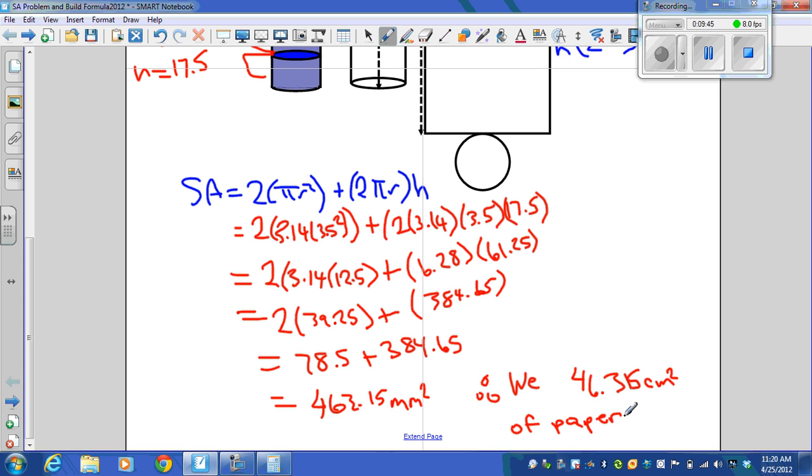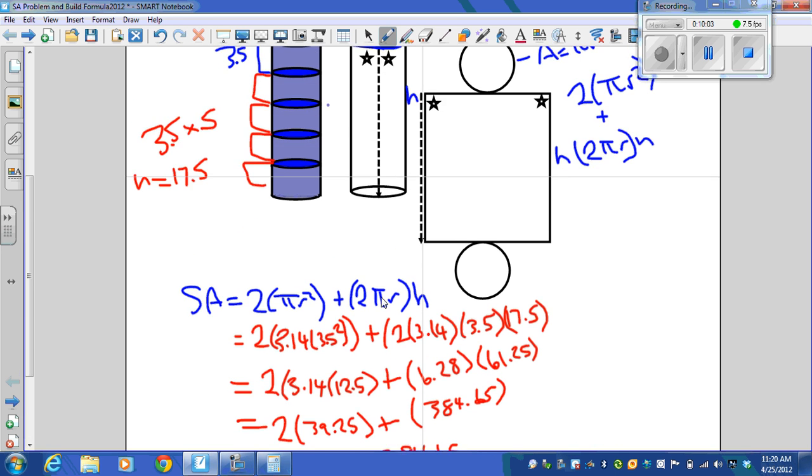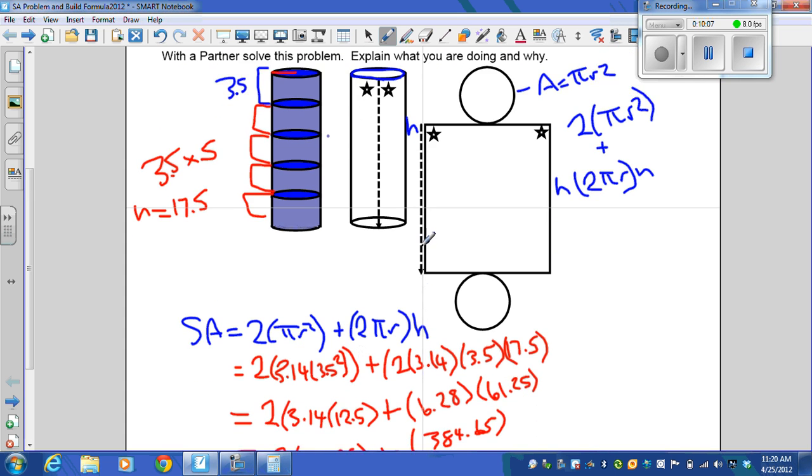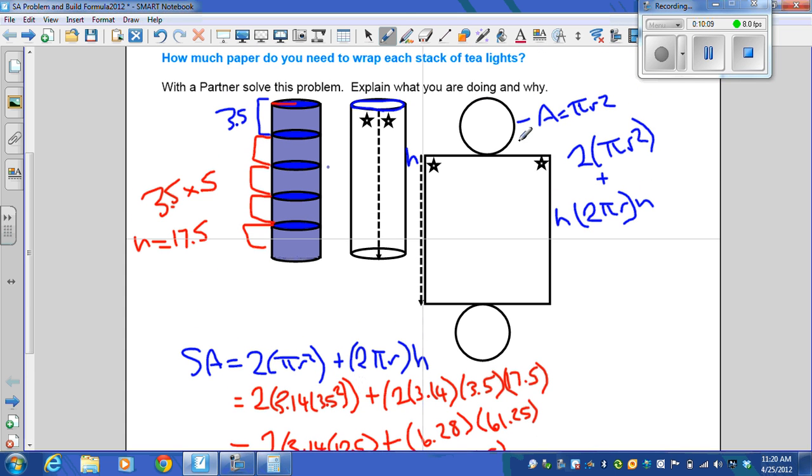If you misplaced a decimal place somewhere, you might not have ended up with the exact same answer. But if you ended up with around 460 something, you're close enough, you have the right way of doing it. Would you have put the formula together right away? Probably not exactly, but you can see how the parts go together.